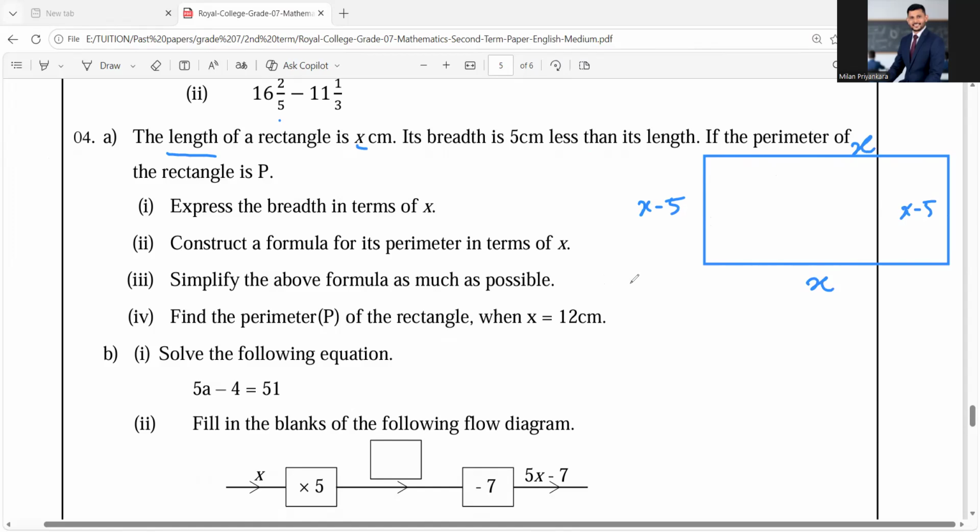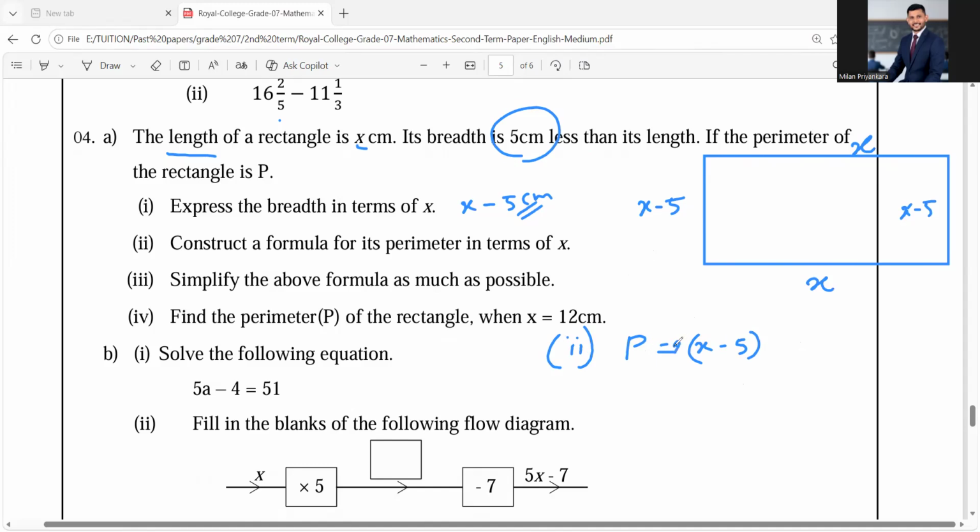Express the breadth in terms of x. Breadth is x minus 5. You can write centimeters also because they have given units. Construct the formula for its perimeter in terms of x. Right, you see now perimeter is P. I'm writing now. So for the second part, P equals x minus 5, you have to multiply that by 2, right?